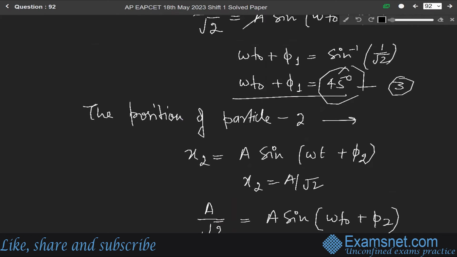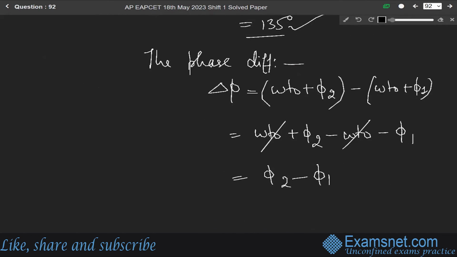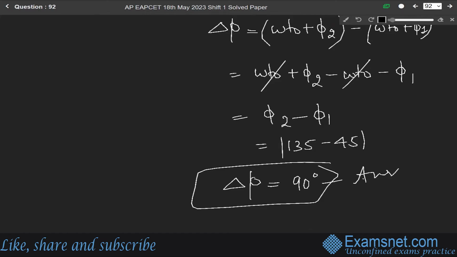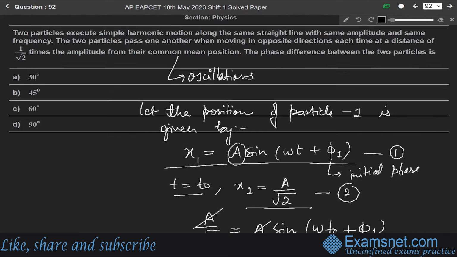So putting these values, we get 135 minus 45. So this phase difference delta phi will be equal to 90 degree, and this is our final answer. So among these four options, option D, that is 90 degree, is the correct answer.